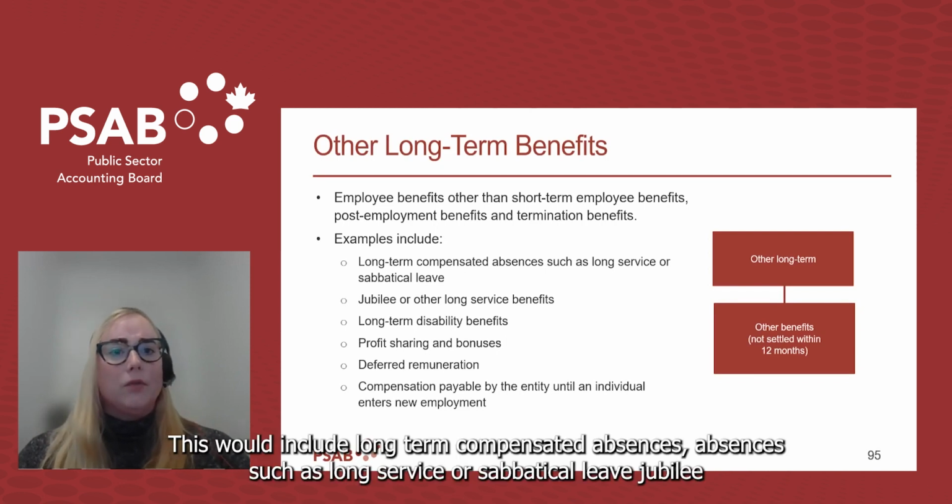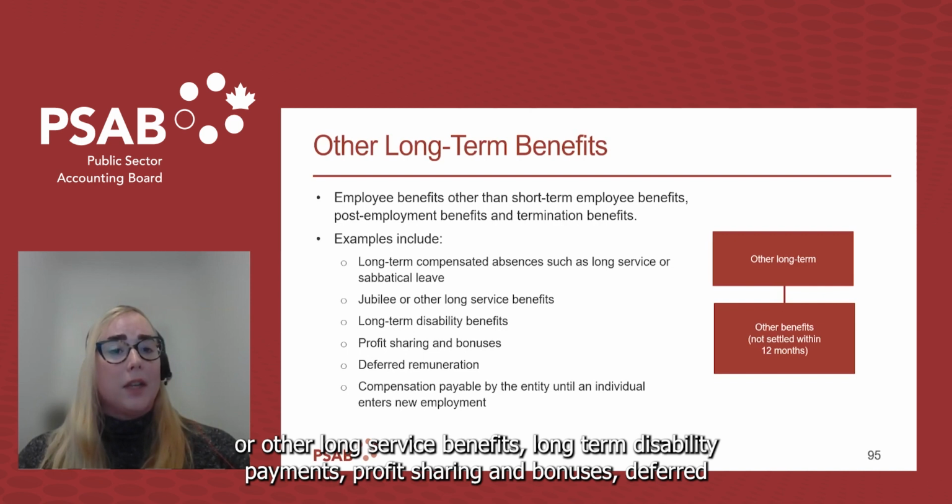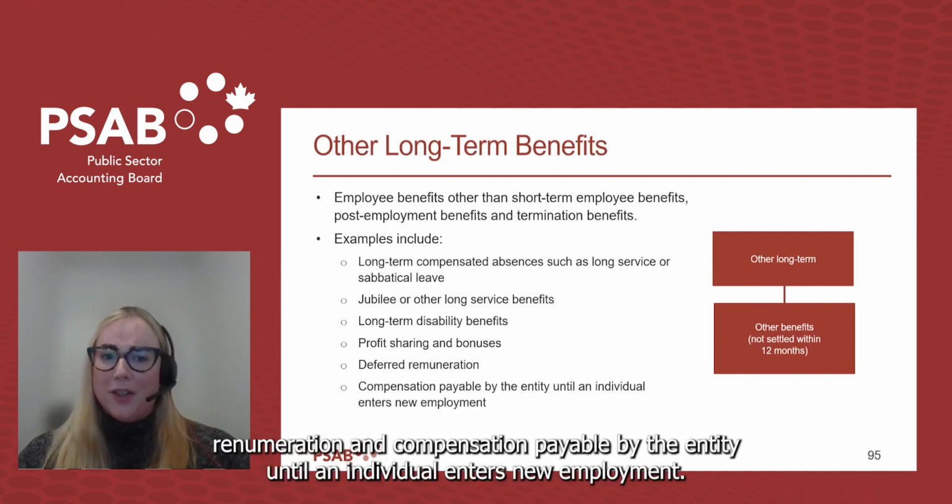This would include long-term compensated absences, such as long service or sabbatical leave, jubilee or other long service benefits, long-term disability payments, profit sharing and bonuses, deferred remuneration, and compensation payable by the entity until an individual enters new employment.